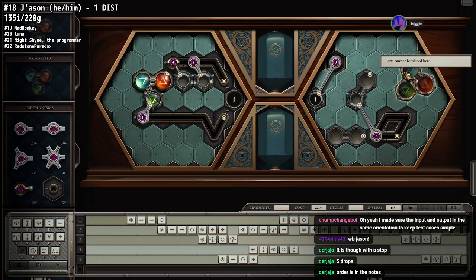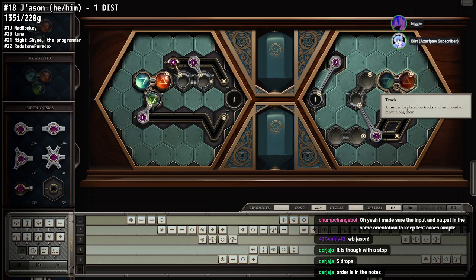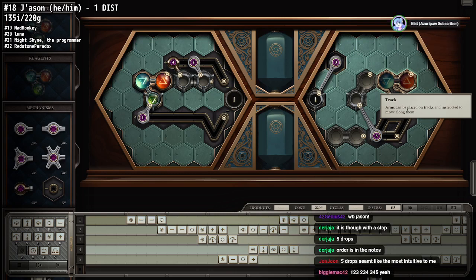Oh yeah, the notes. The notes are even more helpful than trying to stare at the solve on screen. All right. Solving this puzzle was easier than expected. Saving instructions was harder than expected. The left side of my solution deconstructs all reagents by spinning them around the debonder. It then sends the atoms through the conduit in a pattern where they are reconstructed by the right, I assume you mean right side.